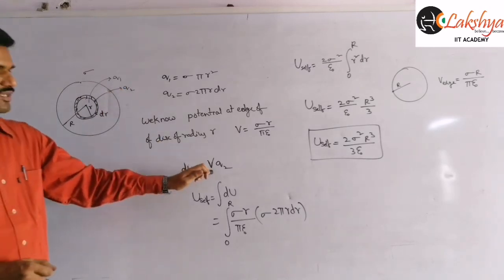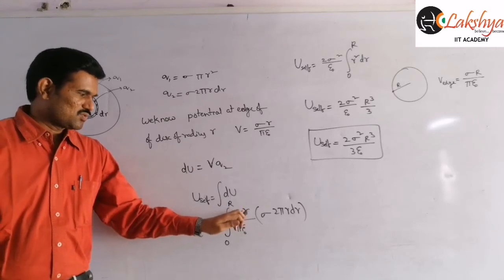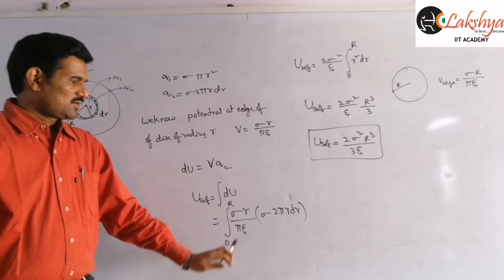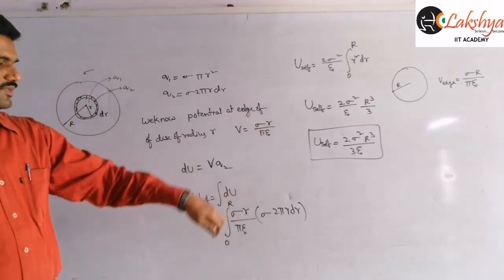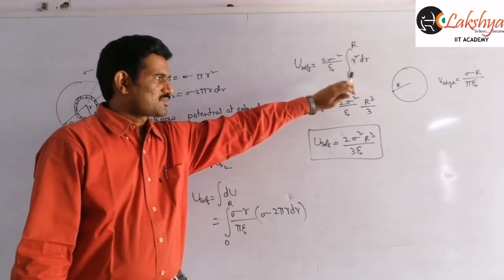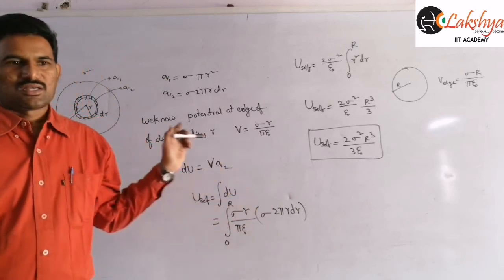Its energy is V dq; substituting V as sigma r by pi epsilon naught and dq as 2 pi r dr, the pi cancels and we get 2 sigma square by epsilon naught into r square dr. By integrating that you get this expression. So that's the self energy of this disk.